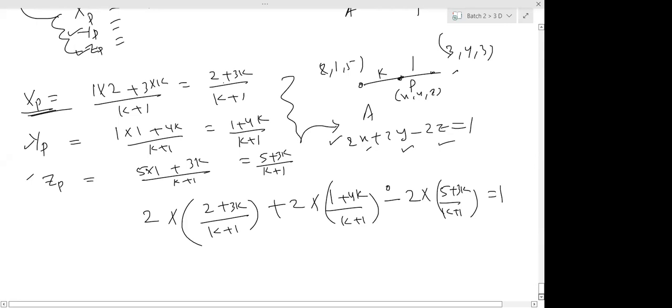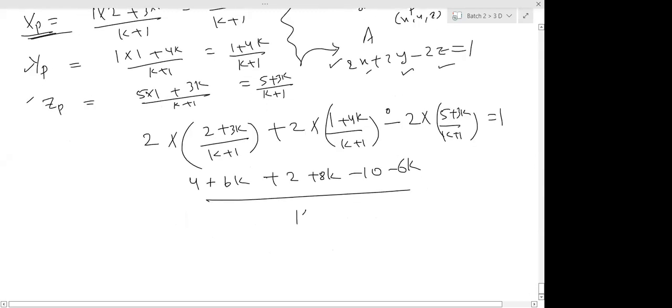Simplifying this, we'll get the value of k, right? So this is 4 + 6k + 2 + 8k - 10 - 6k upon k + 1. Taking LCM, this equals 1. So 4 plus 2, 6, minus 10 is minus 4... in the constants, and 6 plus 8 is 14, minus 6 is 8k, equals k plus 1.